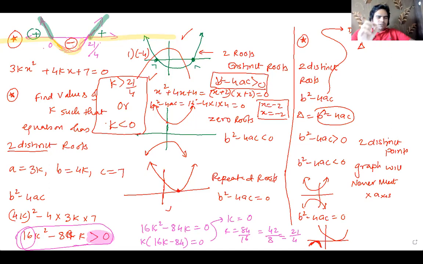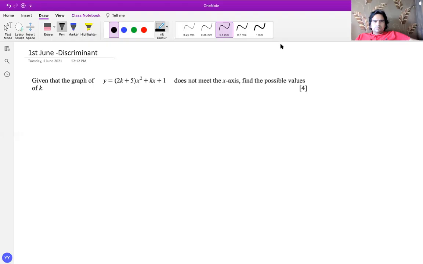It means the graph is going to cross the x-axis at 2 points if you pick any k values that fulfill this inequality. What does it mean? If I take k as, let's say, minus 1 and plug in here, whatever resulting quadratic you get will have 2 x-intercepts. It means that it will cross the x-axis at 2 points.